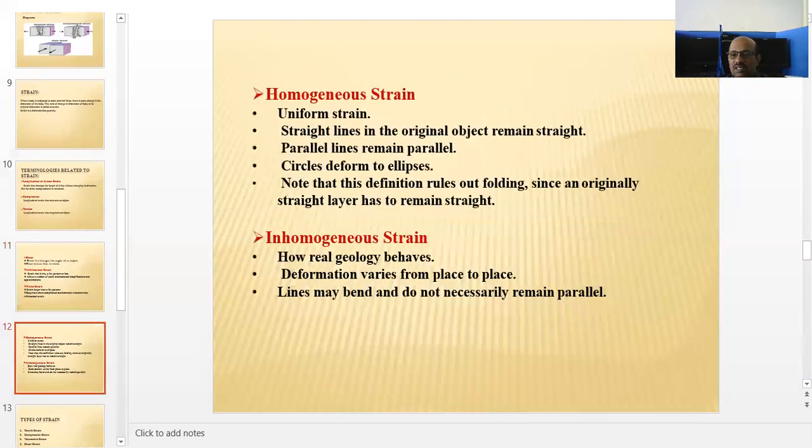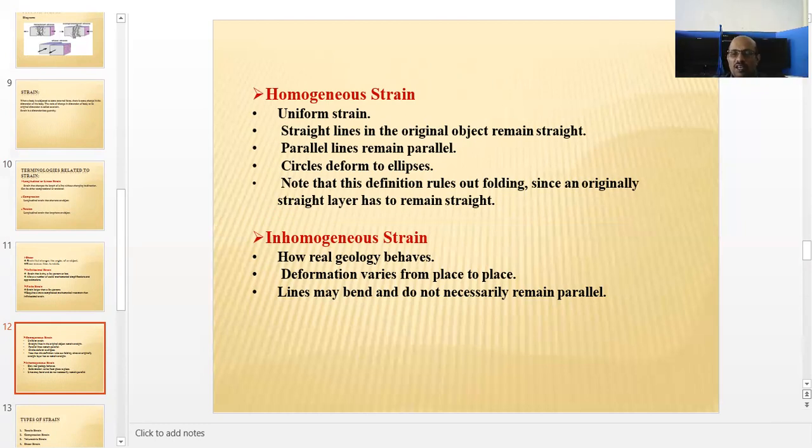Next, we will see homogeneous strain and inhomogeneous strain. Homogeneous strain means uniform strain. Only one dimension will be there: 10 meters means 10 meters only, 10 meters by 10 meters. Circles are deformed into ellipses.